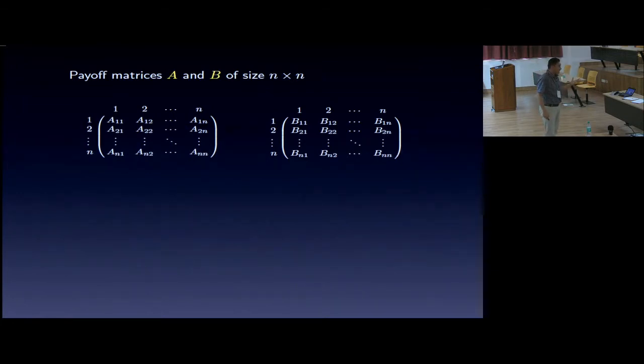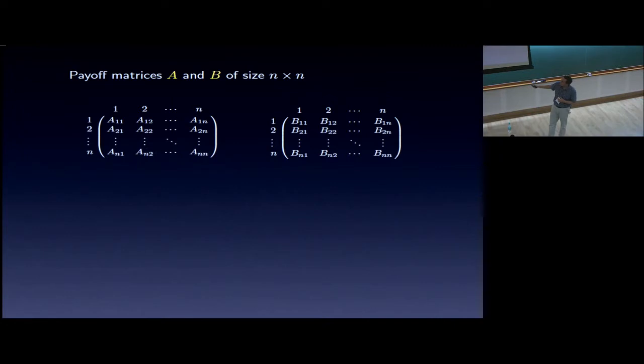The actions of the second player, say the column player, index the columns of these two matrices, and the first matrix represents the payoff of the first player, the second matrix represents the payoff of the second player, by which I mean that if the first player plays action I, row I, and the second player plays action J, column J, the payoff of the first player will be Aij, and the payoff of the second player will be Bij. So this is just a tabular way to write down all the payoffs of the two players. So throughout, I'll use matrices A and B to denote the payoffs of the two players. So that's the formal setup.